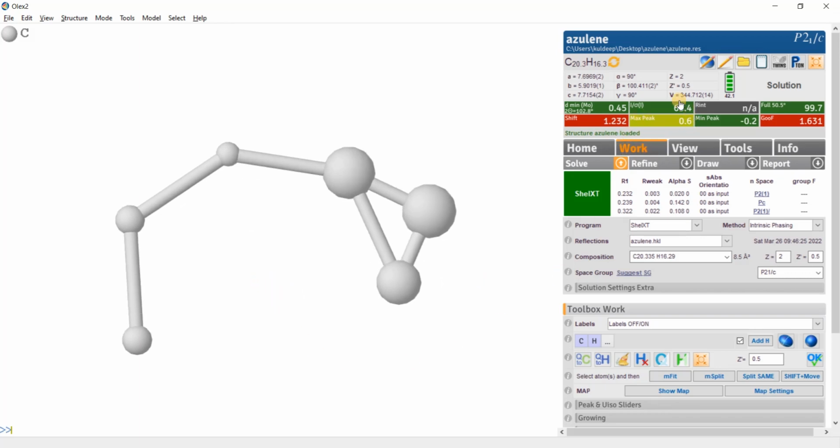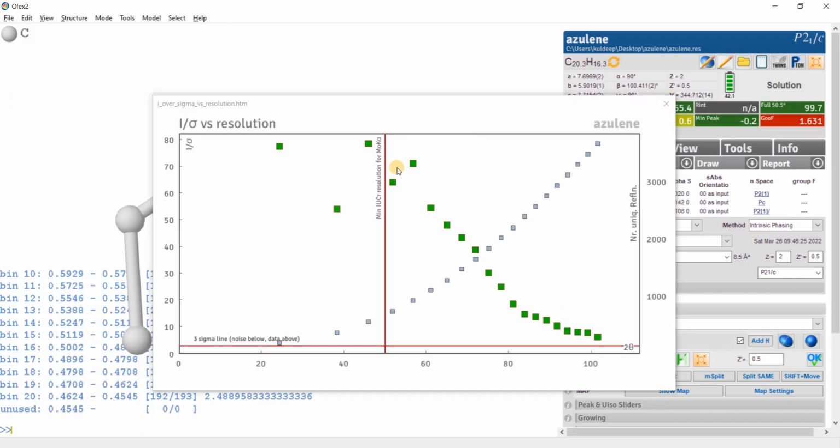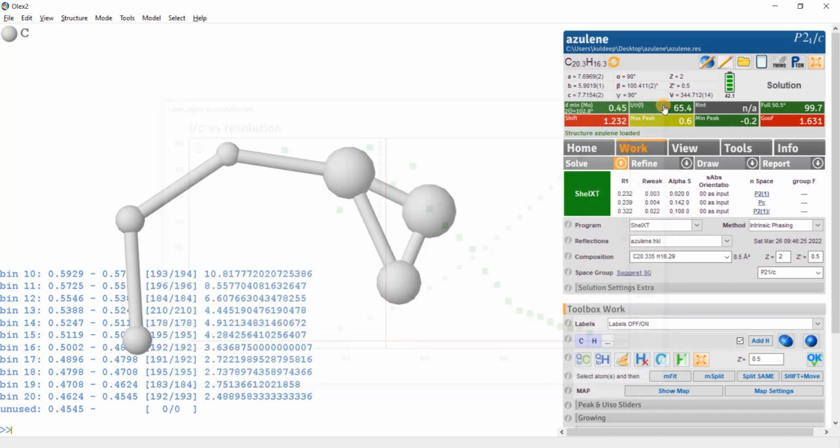But if you look at the I/sigma, the crystal is diffracting up to 100 degrees 2 theta, so it has a high resolution. The data is good, and the goodness of fit is not around 1, it is away from 1, but completeness is very good.